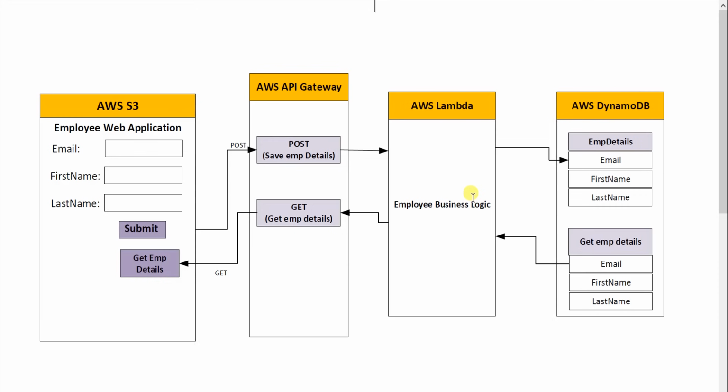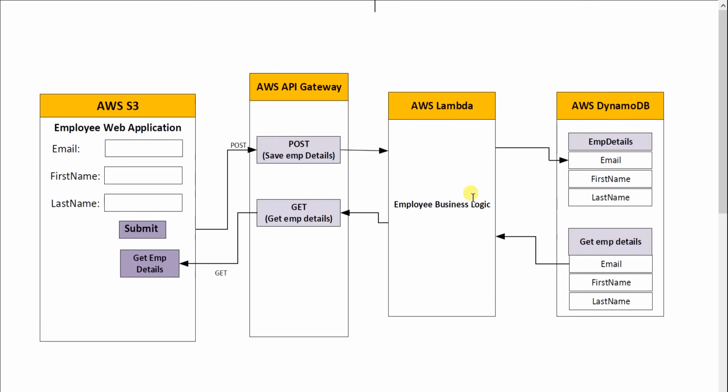The actual business logic we are going to create is in AWS Lambda. But in API Gateway we can do many other things, like authentication of the user, authorization, or validating the input that the user passes to the API. All that kind of thing we can do in API Gateway itself.